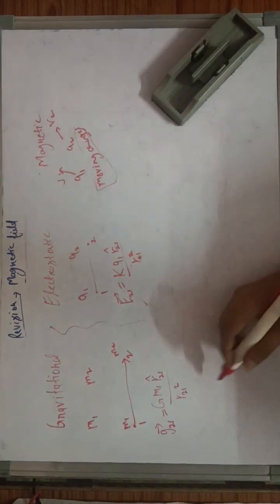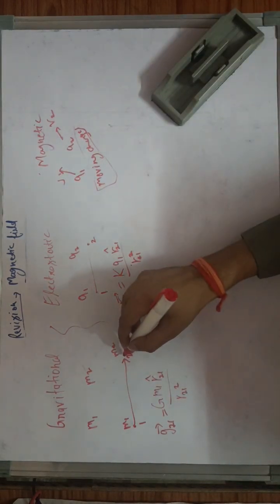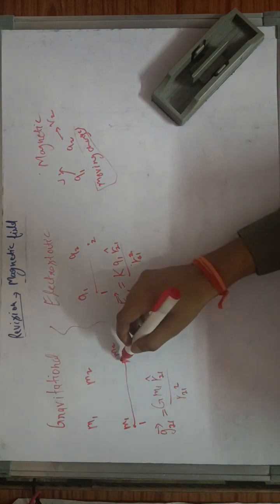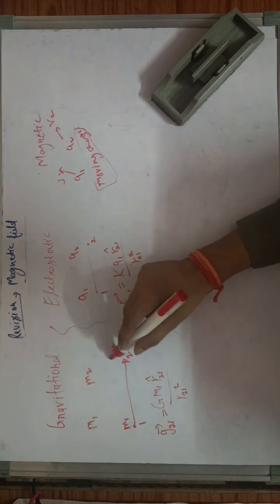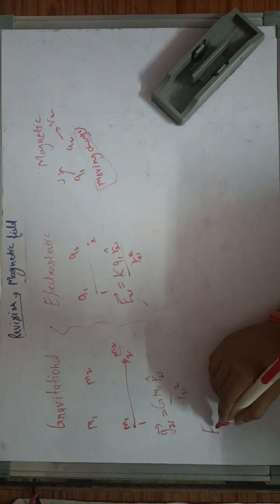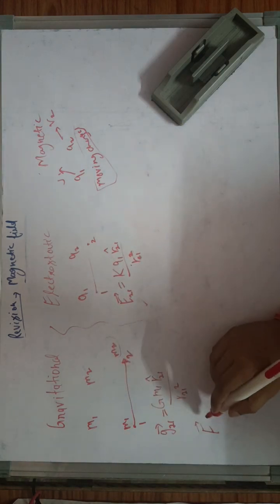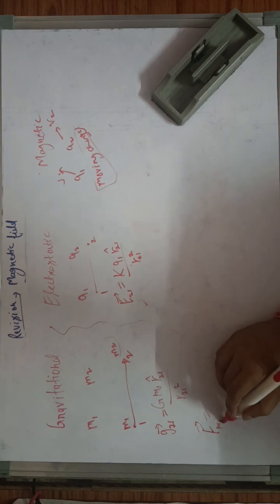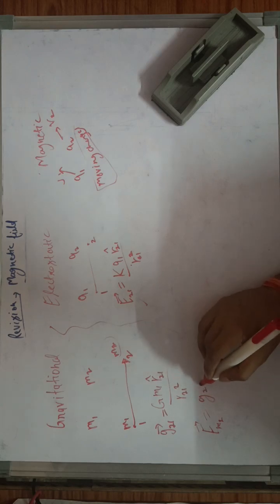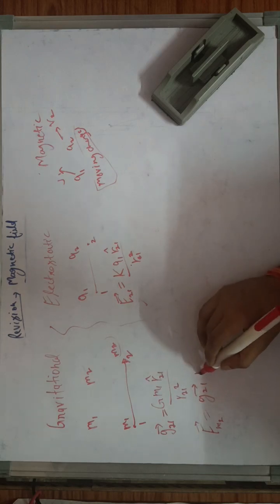The force on mass m2, if there is gravitational field due to mass 1 at this point, g21, then the force on mass m2 due to this gravitational field will be equal to g21 vector multiplied by the mass of 2.